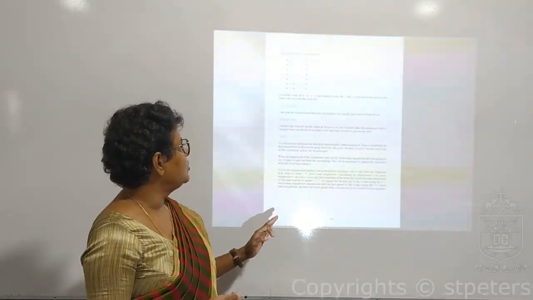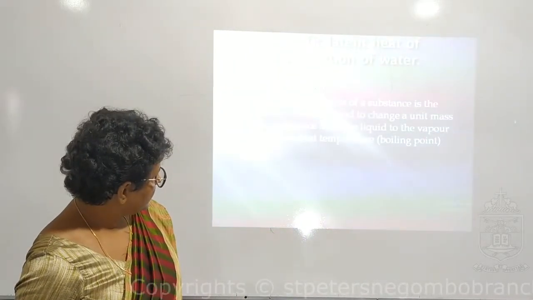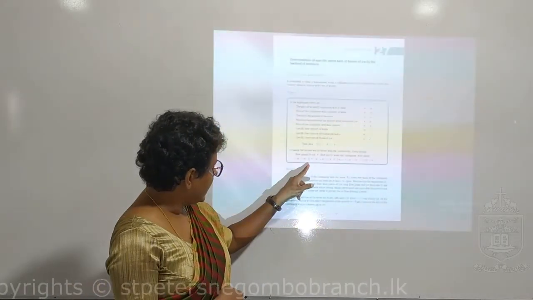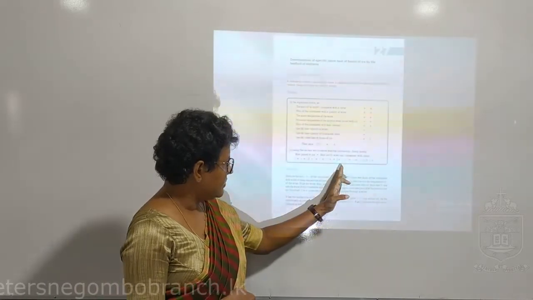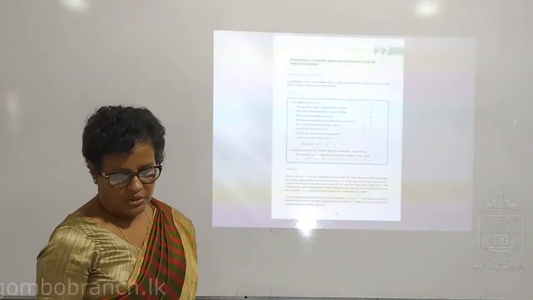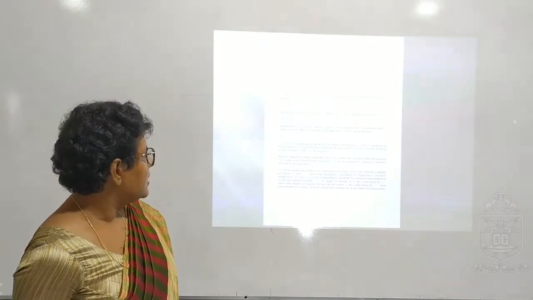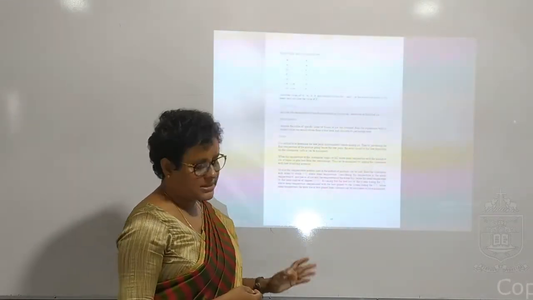Then you have to use mL, right? The theory is mL plus mcθ for ice, and mcθ for calorimeter plus water. So use that theory and you can find L, the latent heat of ice, from this experiment.